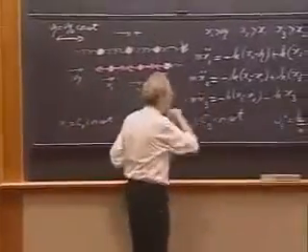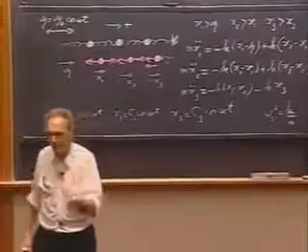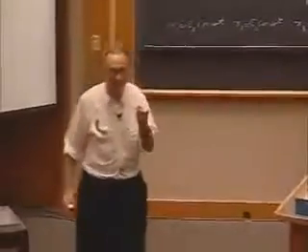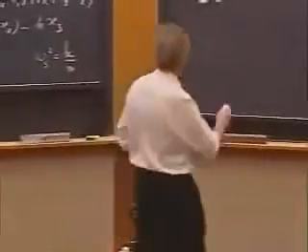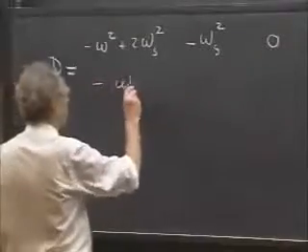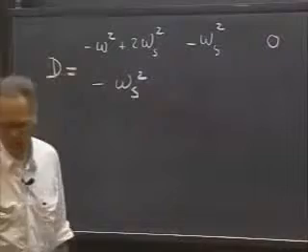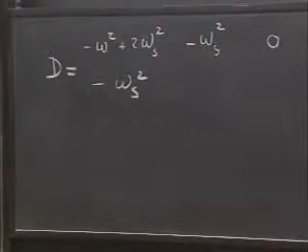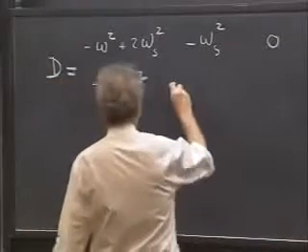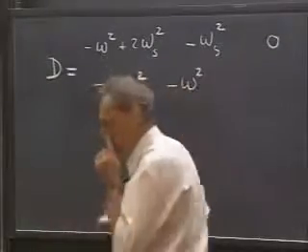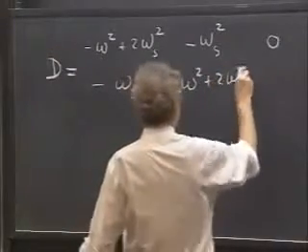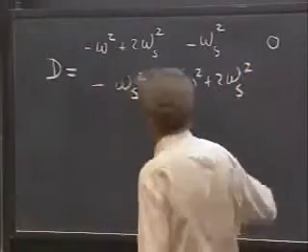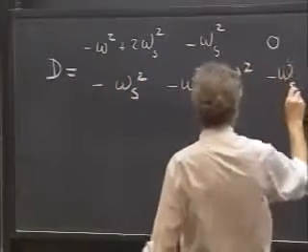But if you look at the second differential equation, that has an x1, an x2, and an x3 in it. So now you don't see zeros. And so what you're going to see is minus omega s squared. That's going to be the C1 term. And then you get here minus omega squared, I think it is plus 2 omega s squared. And your last column is going to be minus omega s squared.